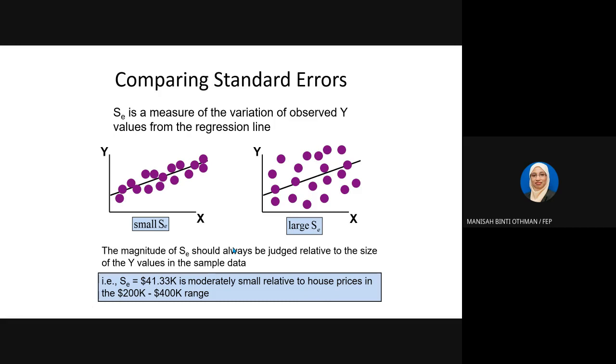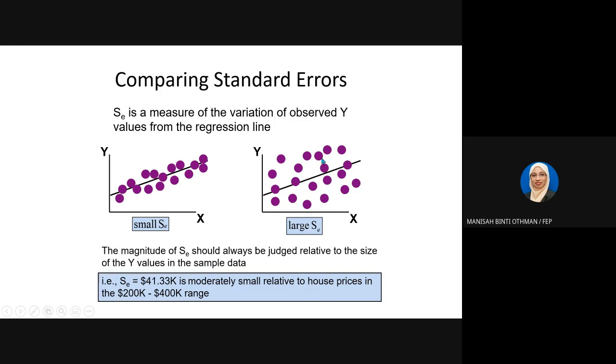So if you want to use the equation, first you have to identify the relationship, the r value and r squared, and then you also have to make sure you have the variation quite low. Very low variation means not much difference from the regression line. If you have a large SE, it is a weak relationship, and it is very difficult to predict the DV, dependent variable, using the IV.